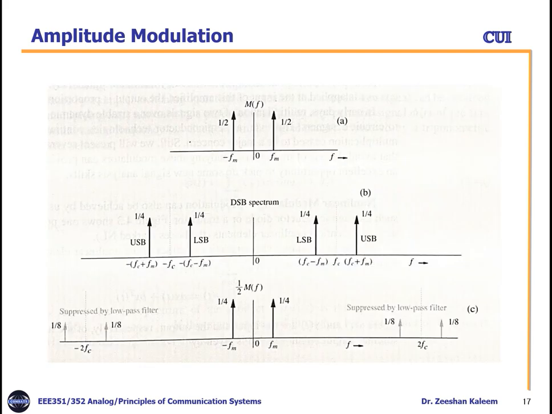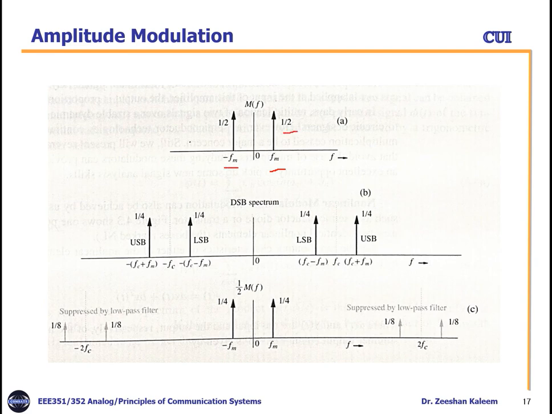These are the diagrams, or we can say the pictorial view of the signal. This is our message signal which we need to transmit. As I discussed, whenever we have a cosine in the frequency domain, we have a frequency component, one at fm and one at minus fm with half the amplitude.